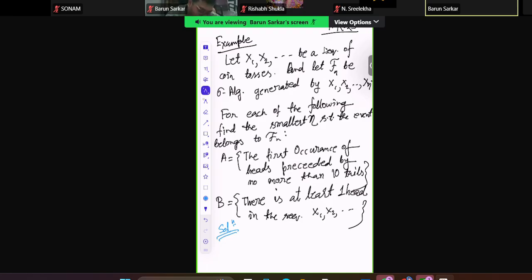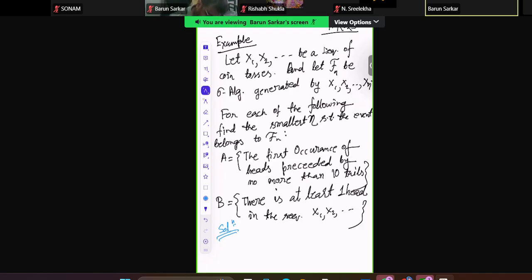No more than 10 tails, so maximum 10 tails can be there, right?